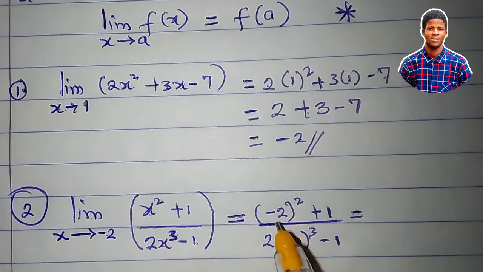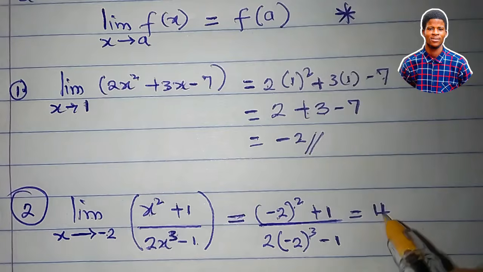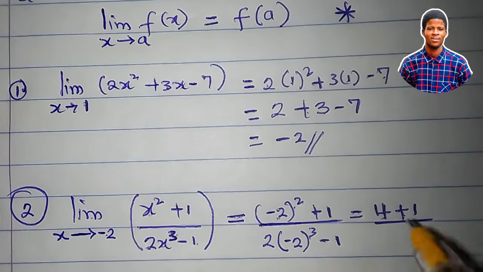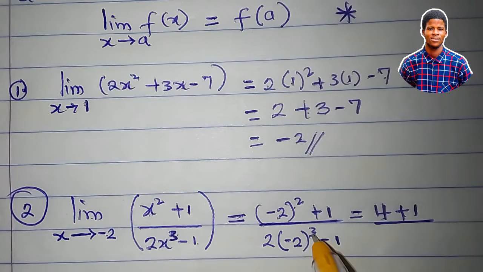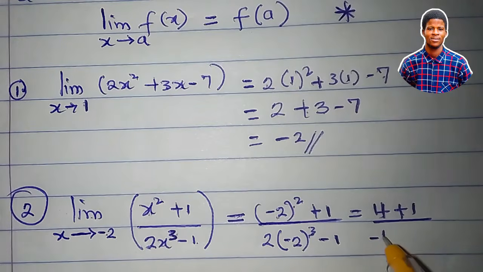Minus 2 squared is 4, plus 1, divided by minus 2 to the power of 3, which is minus 8. Minus 8 times 2 is minus 16, minus 1.